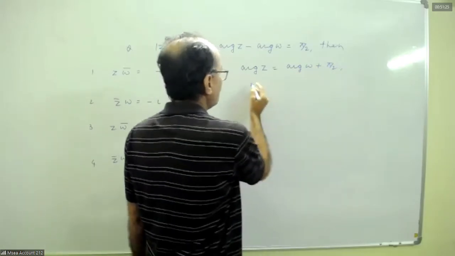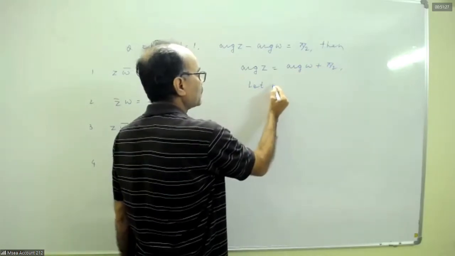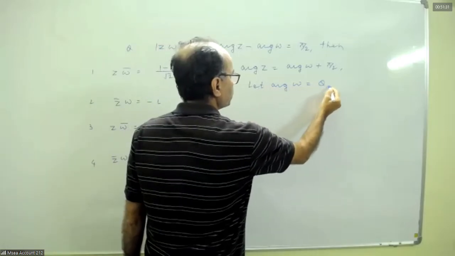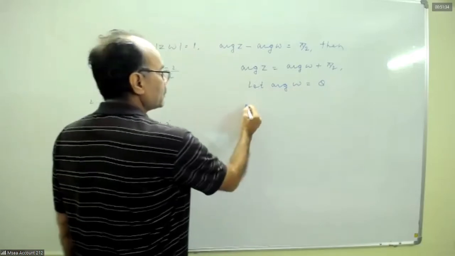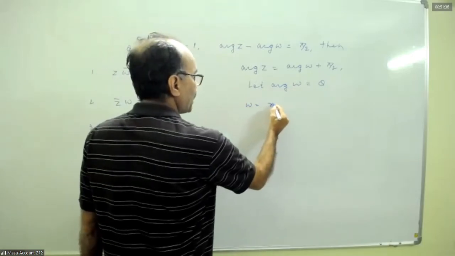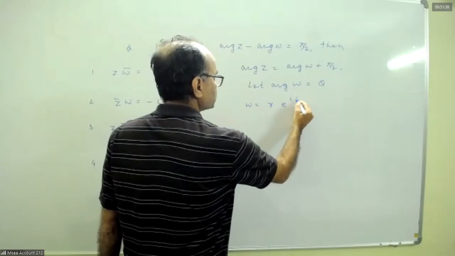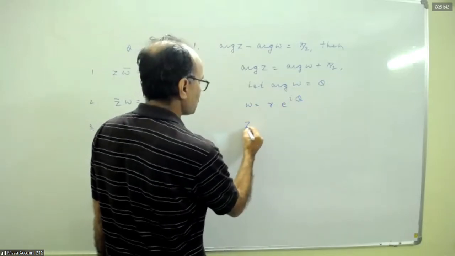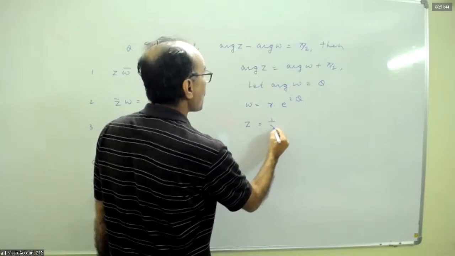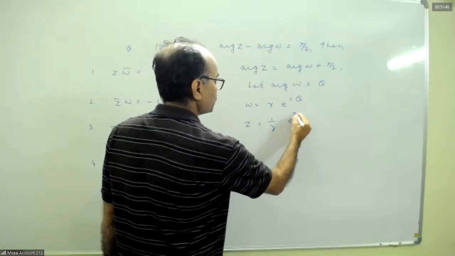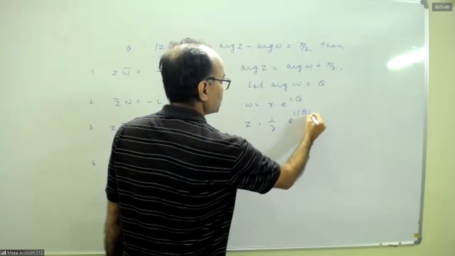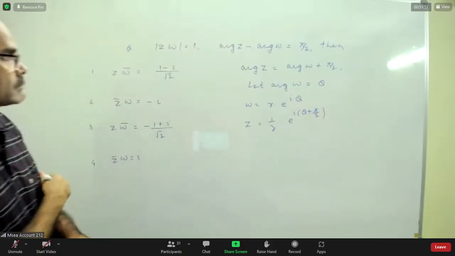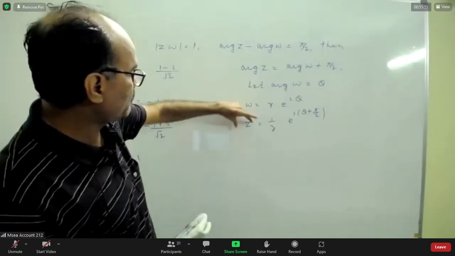Okay. Let argument of W be theta. So W equals R into e to the power I theta. So Z will be 1 by R into e to the power I times of theta plus pi by 2, because mod Z into mod W is 1.